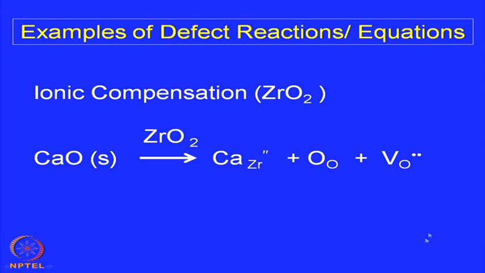So, that is what we call ionic compensation, and there are some important compounds where such things happen. One very important example is zirconium dioxide, or stabilized zirconia.